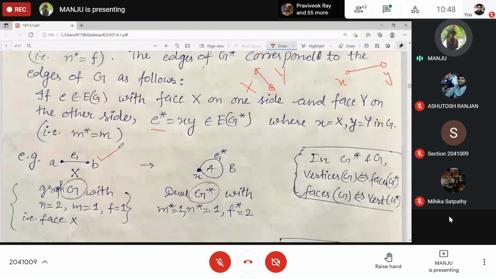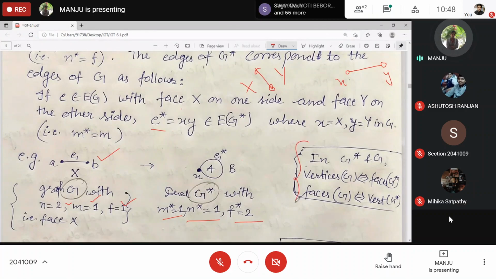Tell me the dual of K2. This is the graph with n equal to 2, m equal to 1, and the number of faces F is 1. Here m star will be again equal to m, that is 1. N star, the number of faces over here, will become the number of vertices, and the number of vertices becomes the number of faces.